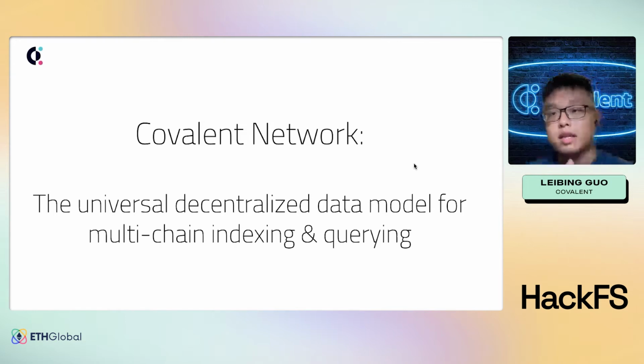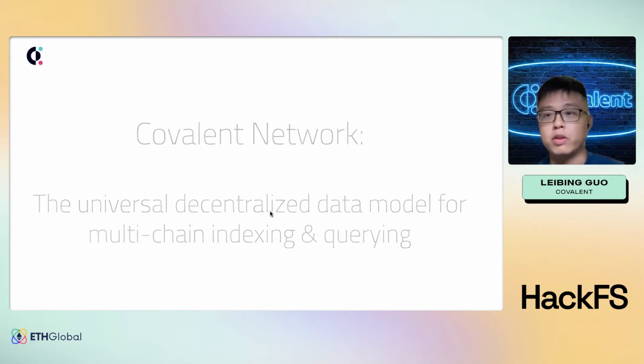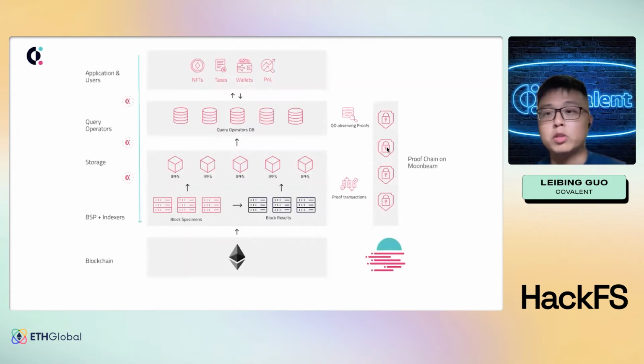Underlying it is a tokenomics that is supported by CQT, which is the token that we use. And the ultimate vision is to have a universal decentralized data model for multi-chain indexing and querying, right? You can find out more if you Google Block Specimen Producers Covalent. And this is the rough infrastructure that we have currently set up.